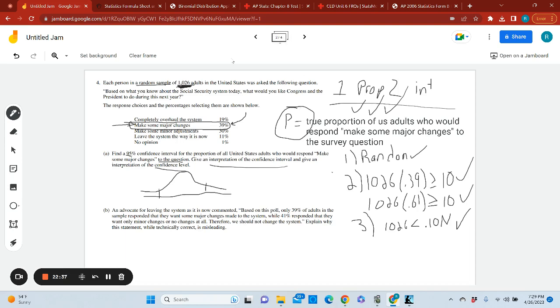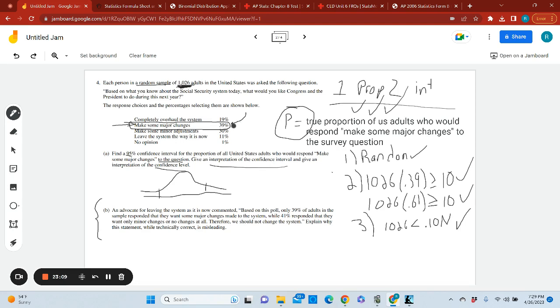Okay, and then what is this B question down here? That's not really the point of my video here, but what does it say? An advocate for leaving the system as it is now, so that would be one of these 11%, commented, based on this poll, only 39% of all adults in the sample responded that they want some major changes made to the system, while 41% responded that they want only minor changes or no changes at all.